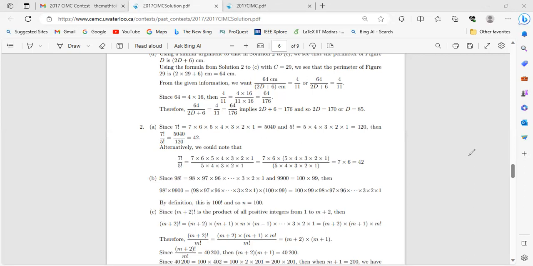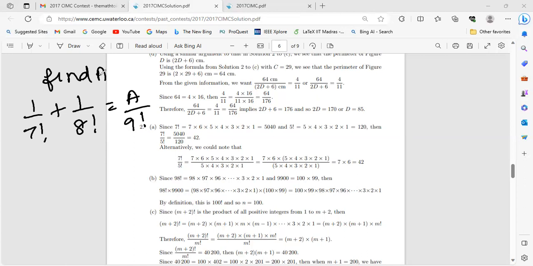I'll give you a question based on factorial, you see whether you are able to solve. Can you try this?